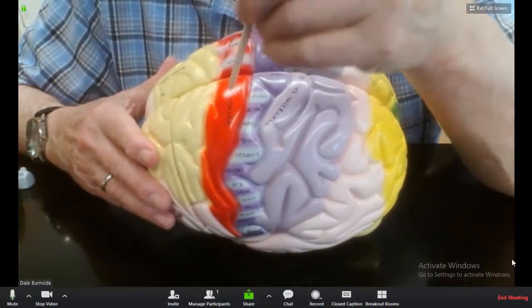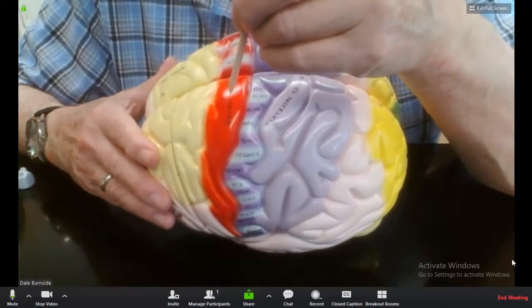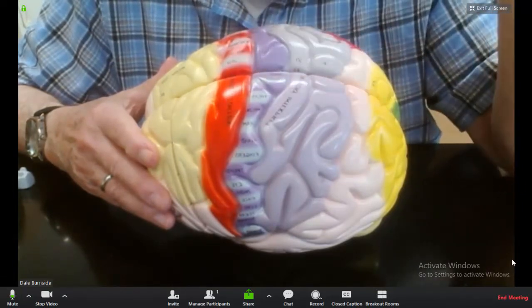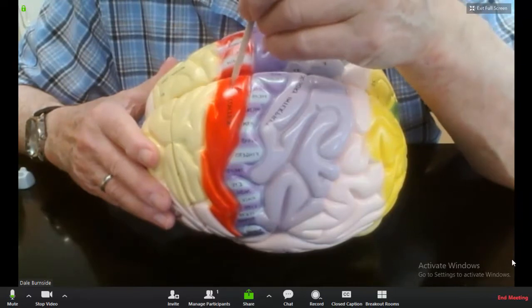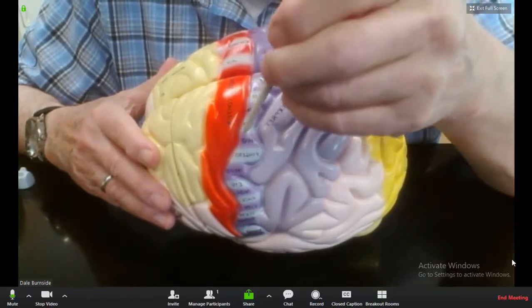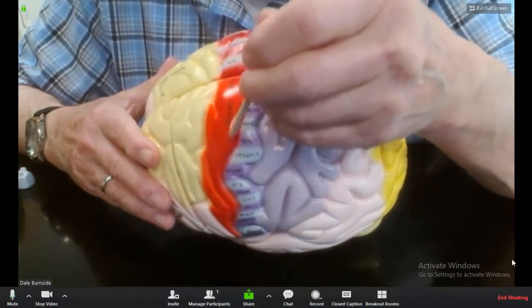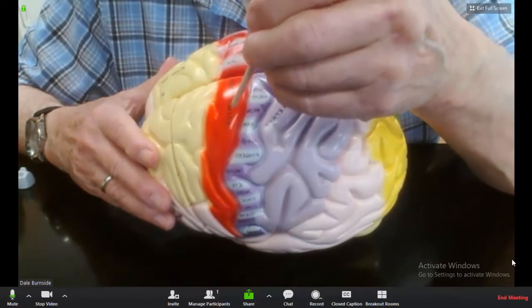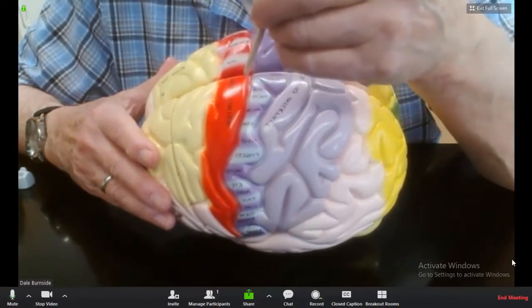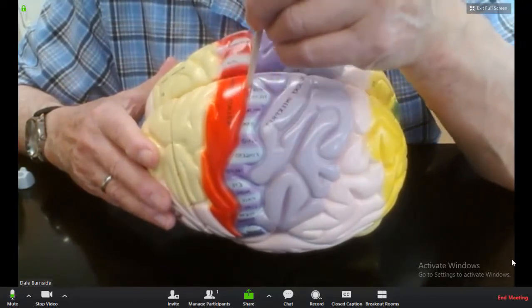Like if this is tongue, the person will stick their tongue out if you stimulate that. If this part's the thumb, they'll move their thumb. Or if this part's the pinky. They've mapped what each region of the primary motor cortex does.